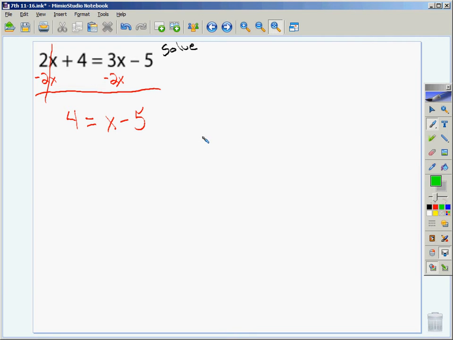Is x by itself yet? No, what's attached to it? Minus 5. How do I get rid of the minus 5? I add 5 to both sides. I'll have 9 equals x.